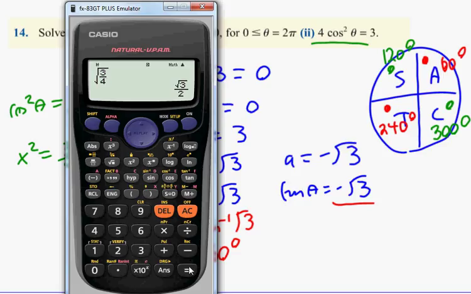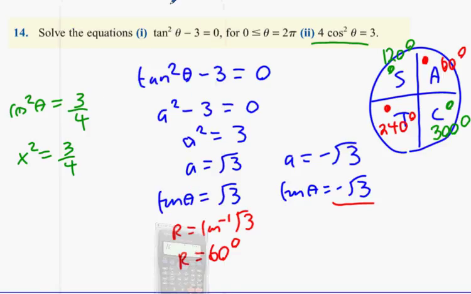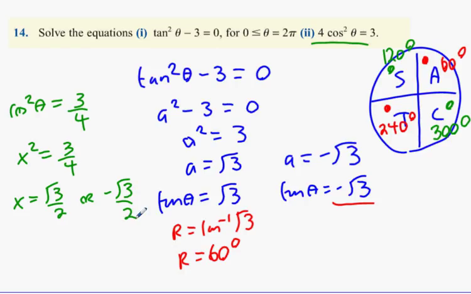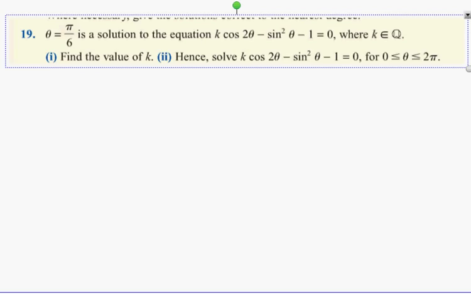Root 3 over 2. So x equals root 3 over 2 or minus root 3 over 2. And you just find out cos theta equals root 3 over 2 or minus root 3 over 2. It's easy enough. Okay? This one. This. That. Whatever.